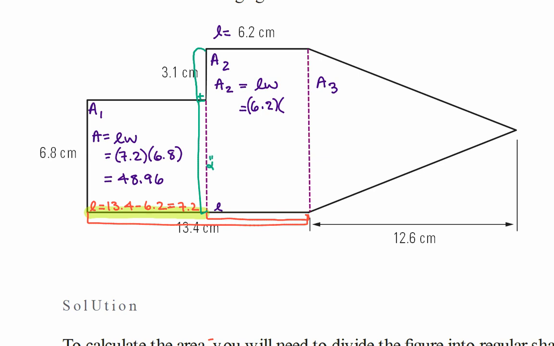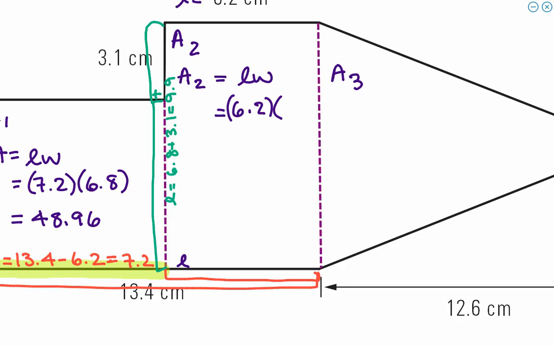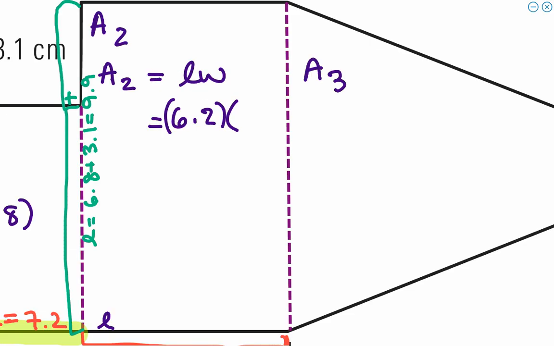So the width is 6.8 plus 3.1, which gave us 9.9. So 6.2 times 9.9 will give us 61.38.